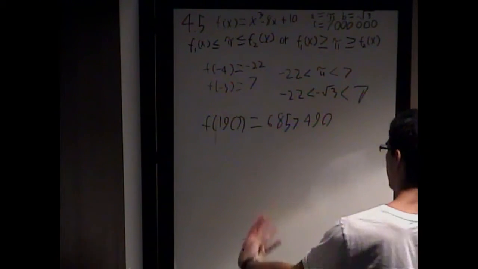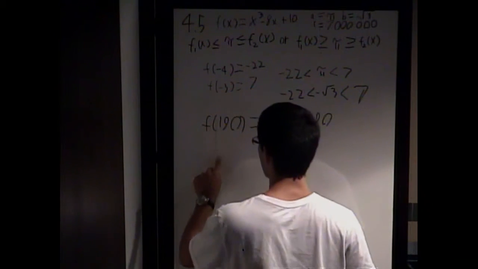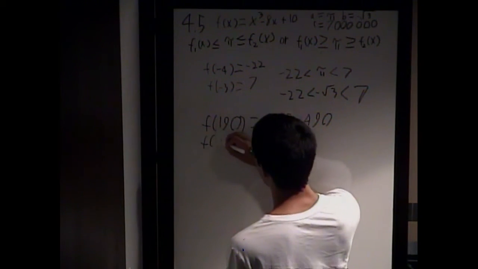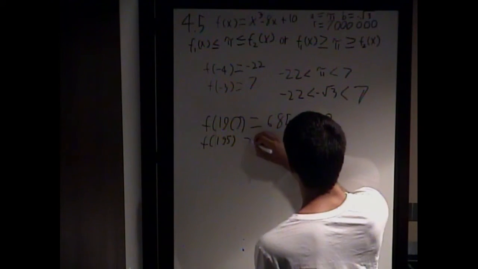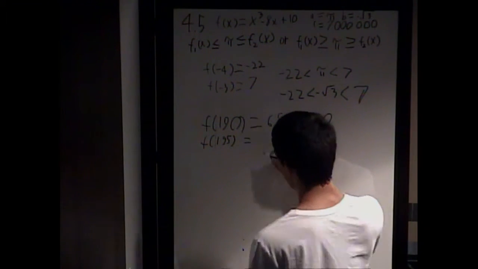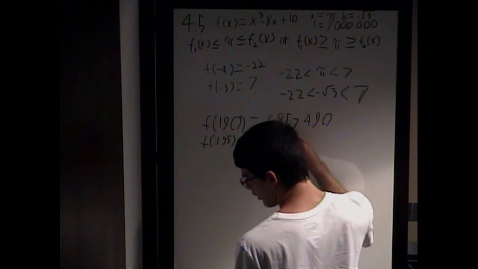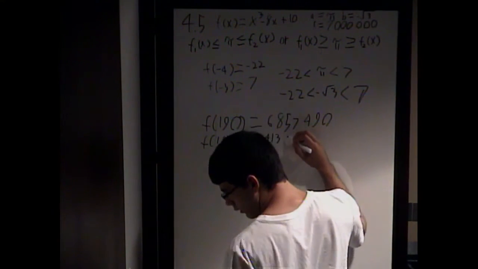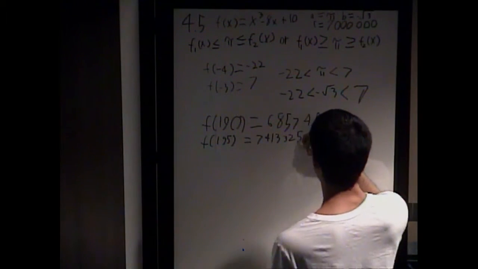So let's jump 5 integer values to see if we can get over 7 million. So let's do f of 195, and this actually equals 7,413,325.